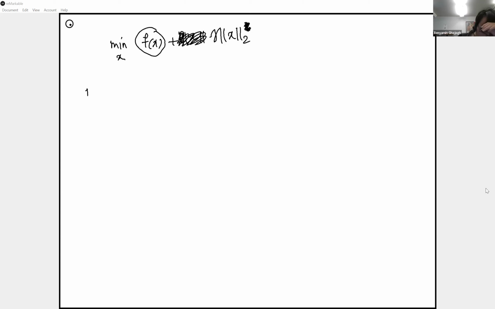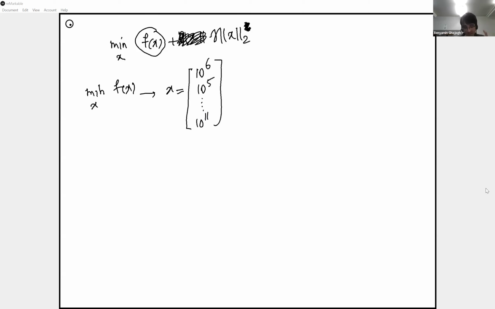Probably you can minimize f of x, but x, which is a vector, becomes, for example, 10 to the 6, 10 to the 5, 10 to the 11, something like that. This optimization variable actually might be x star, which minimizes f, but it's not useful when you are coding.